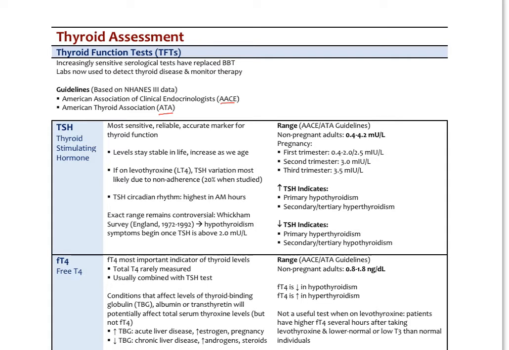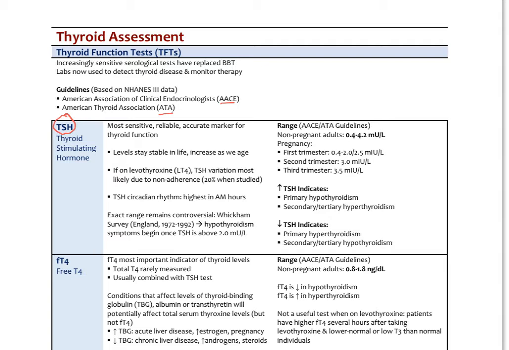But according to those guidelines, the primary assessment tool that we use for assessing thyroid would be TSH, the thyroid stimulating hormone. So it's the most reliable, accurate and most sensitive marker for thyroid function. Again, there's some controversy. I'll get into that maybe later in the clinical section about, could it be that the deiodinases in the brain are converting T4 to T3 adequately, so the brain actually perceives you have adequate thyroid levels in the blood.